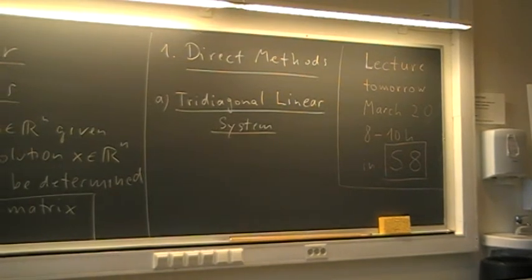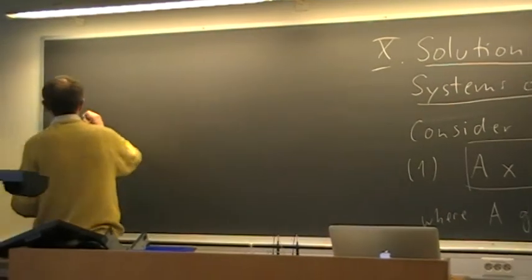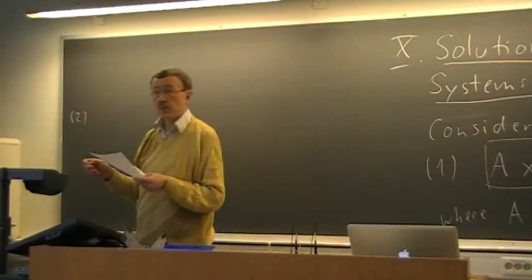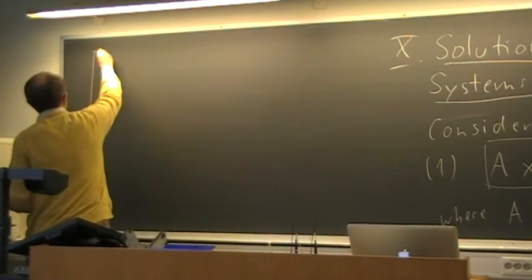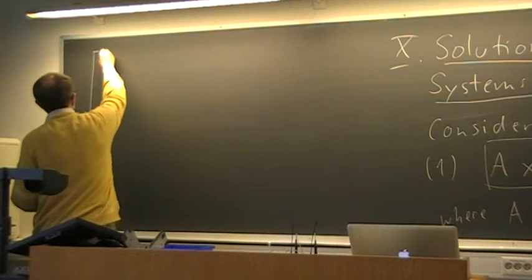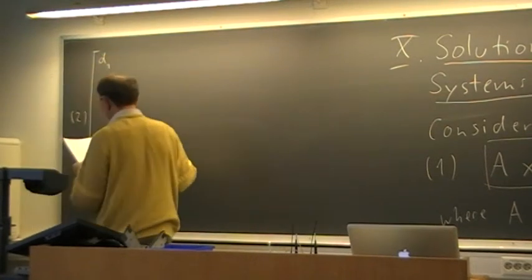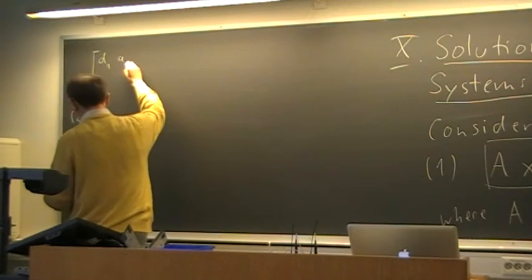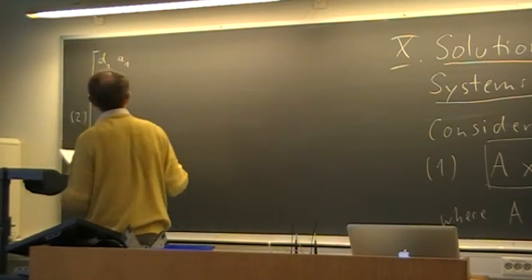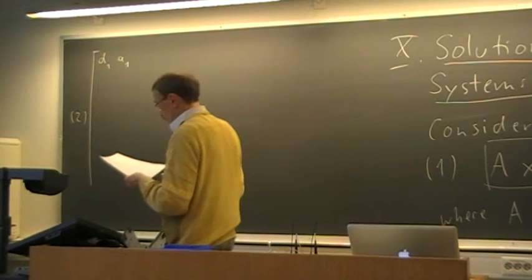So it looks the following, and I'm following here the notation in the textbook. In the diagonal, we have elements that we call D1, and in the upper off diagonal, we have an A1.